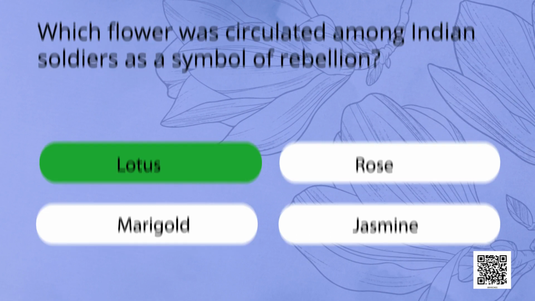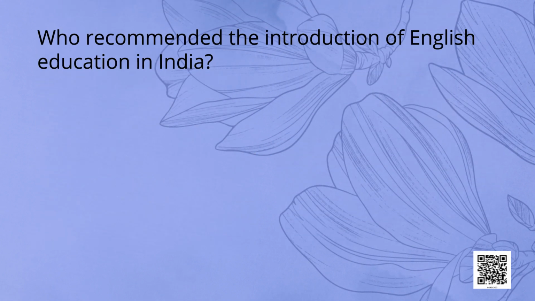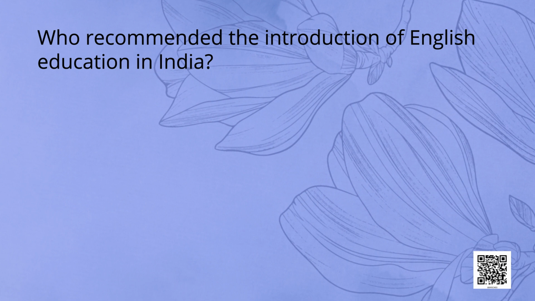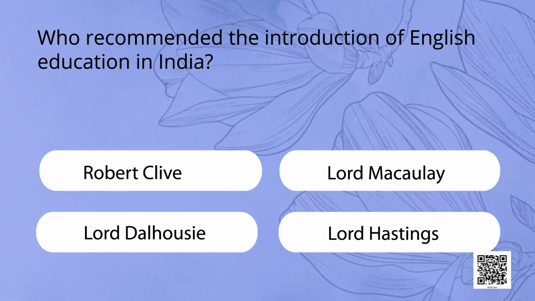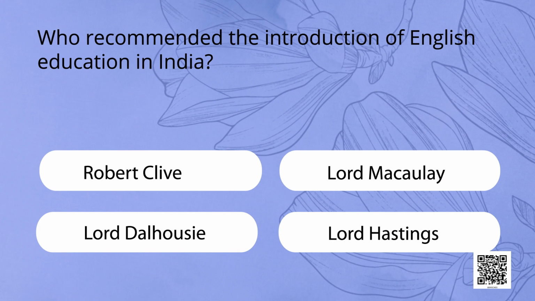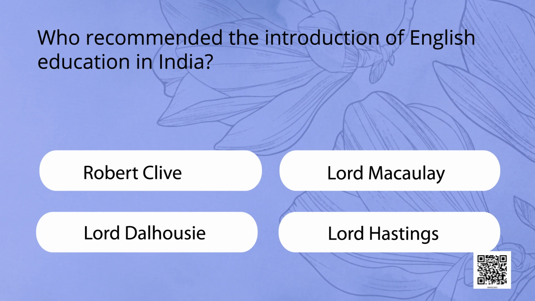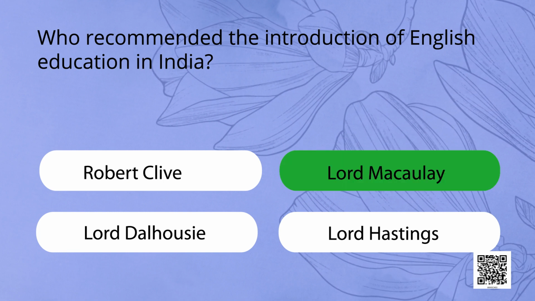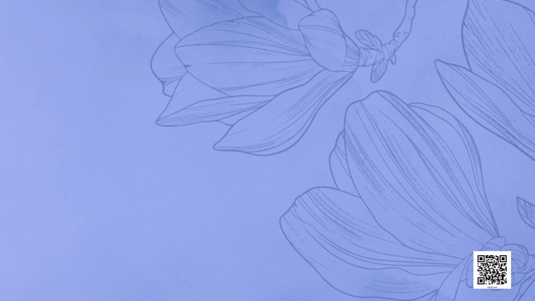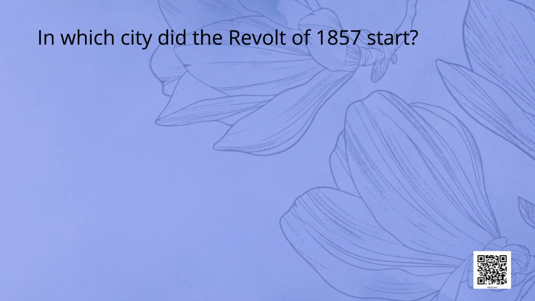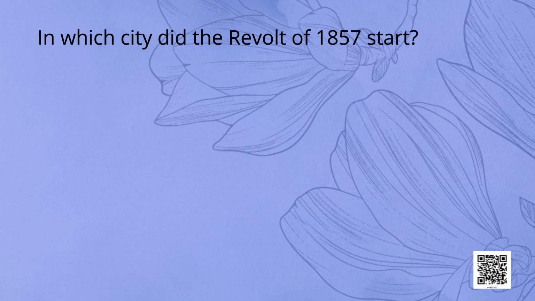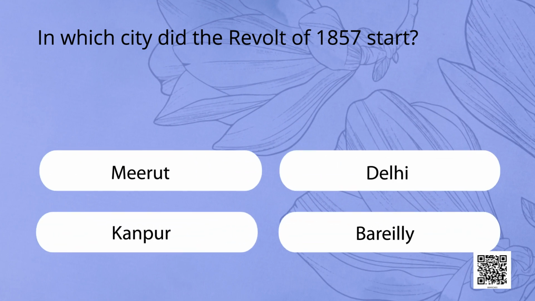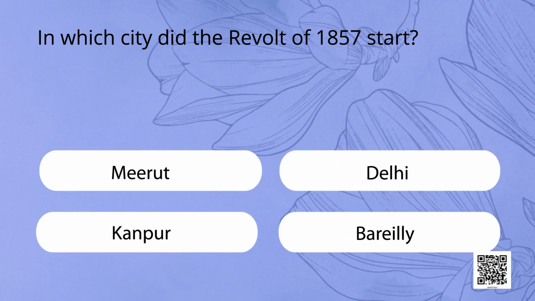Well done. Who recommended the introduction of English education in India? Robert Clive, Lord Macaulay, Lord Dalhousie, Lord Hastings. Lord Macaulay. That's the correct answer. Very well done, child. In which city did the revolt of 1857 start? Meerut, Delhi, Kanpur, Bareilly. Meerut.